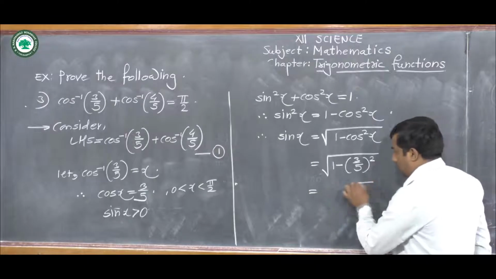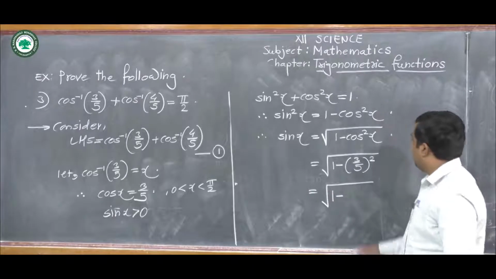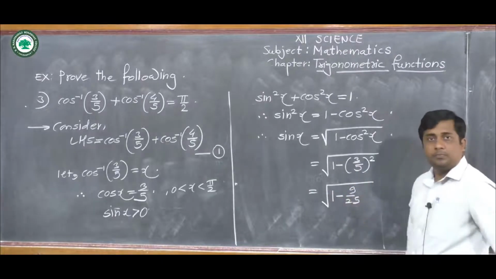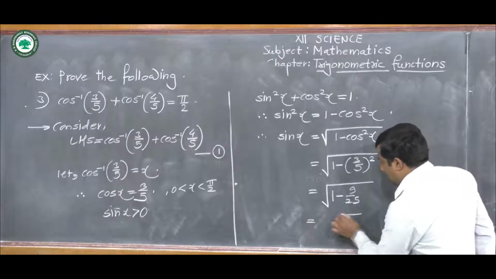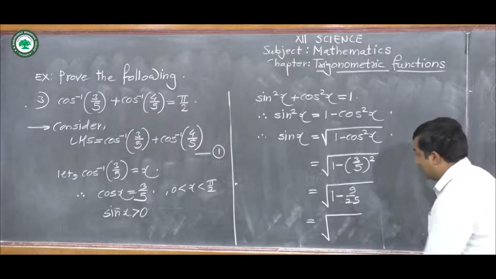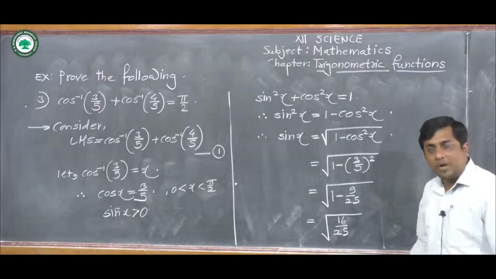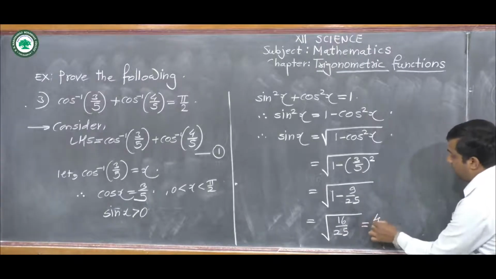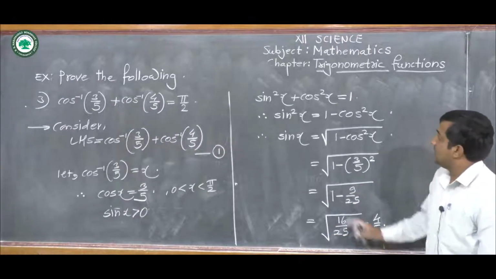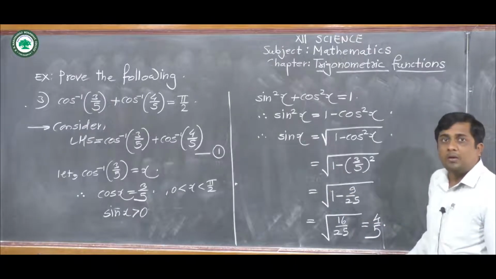This is equal to the square root of 1 minus 9 upon 25, which is the square root of 16 upon 25, and the square root of 16 upon 25 is 4 upon 5. We consider the positive value since sin x is positive. So sin x is equal to 4 upon 5.